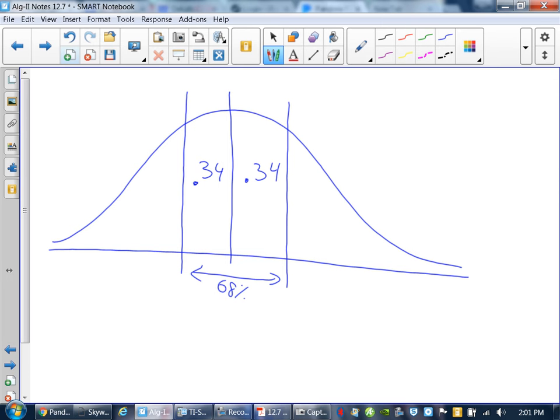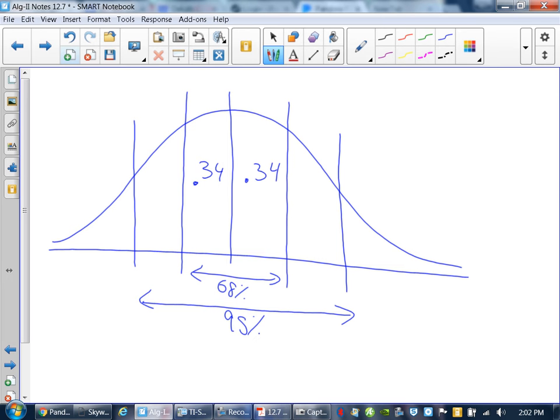Now that's 1 standard deviation plus or minus. If I go 2 standard deviations, that means now I have 95% of all of my data in my chart within plus or minus 2 standard deviations of the mean.